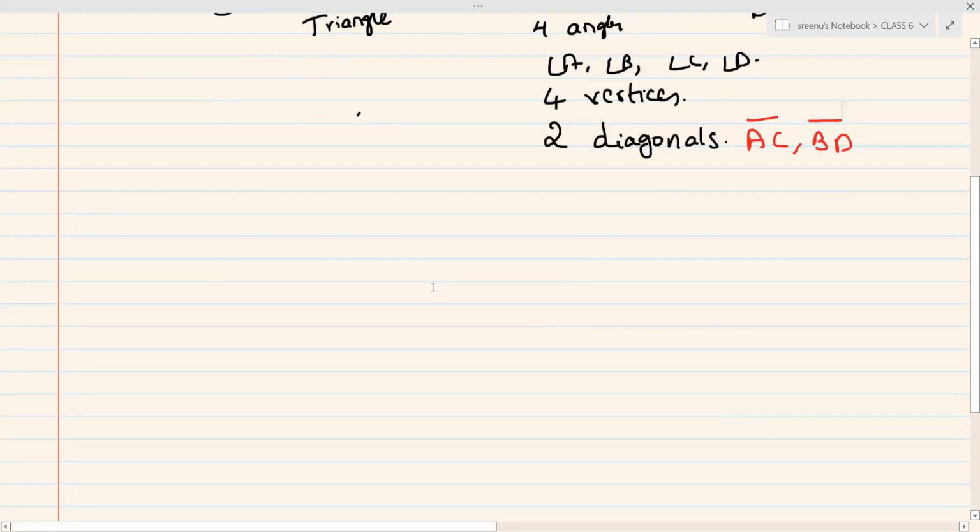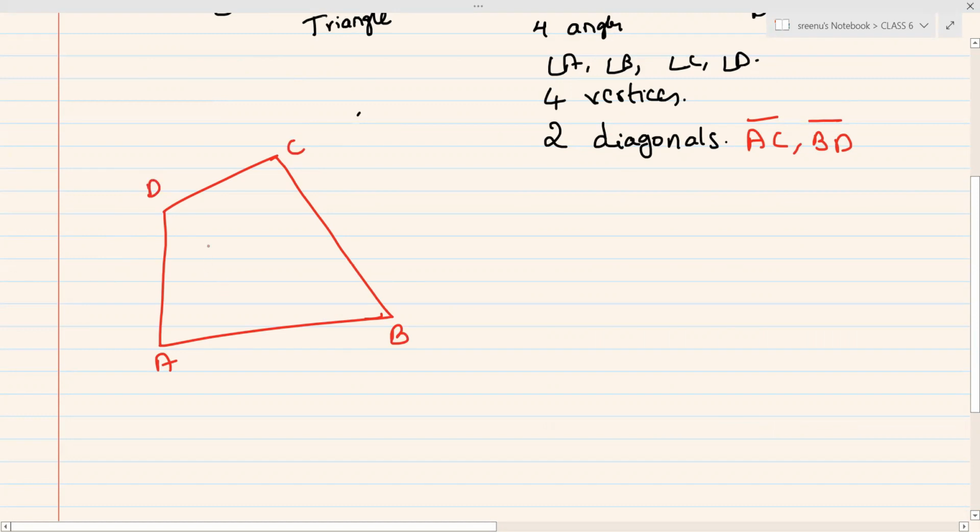Let us check. Before we go to that, let us discuss adjacent sides, adjacent angles, opposite sides and opposite angles once. So I will draw a diagram now. Consider ABCD is a quadrilateral, and AC and BD are the diagonals. First I will write adjacent sides.